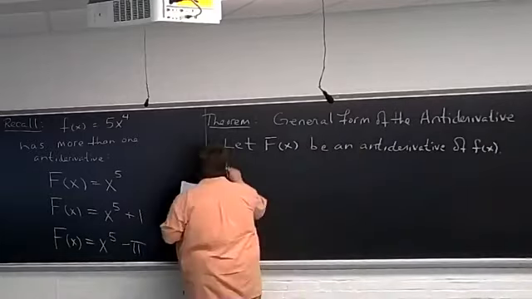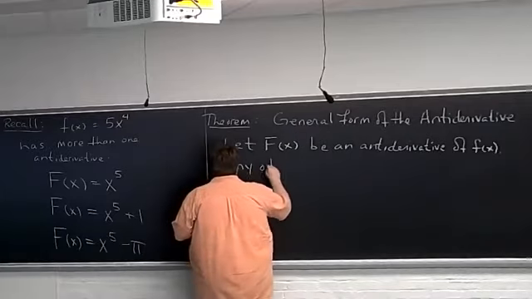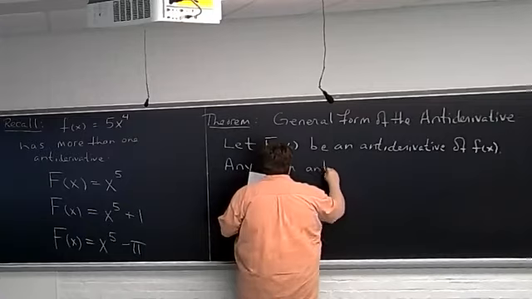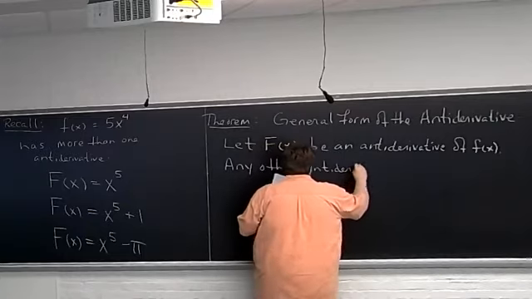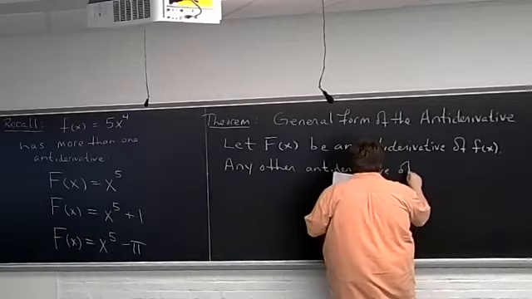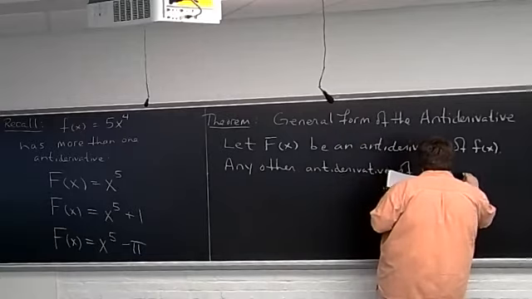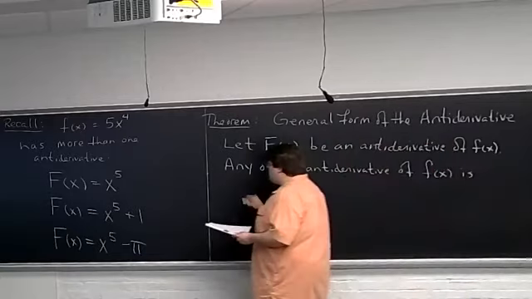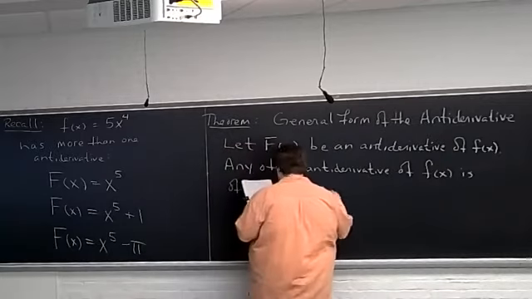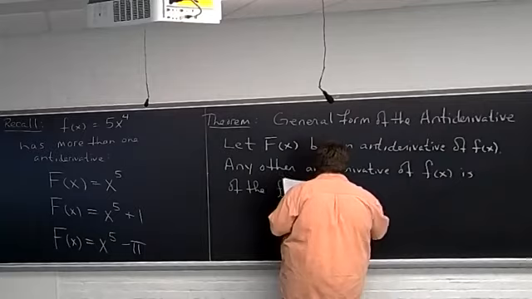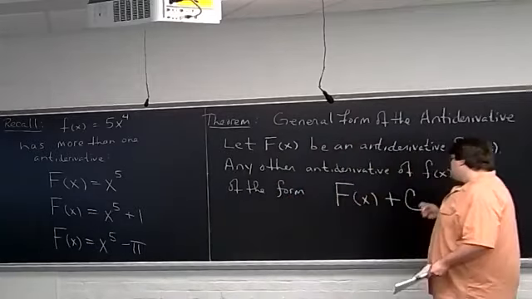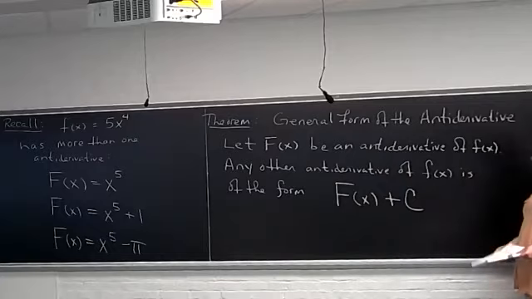Then any other antiderivative of lowercase f is of the form capital F plus a constant, and differ by a constant. And this capital C will be a standard choice of constant.